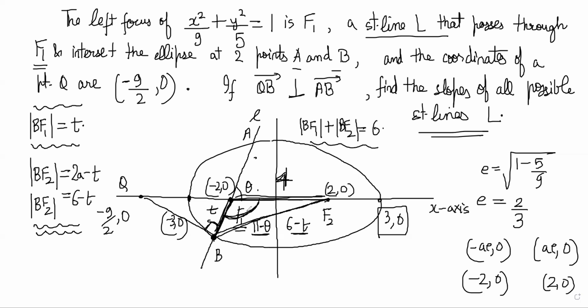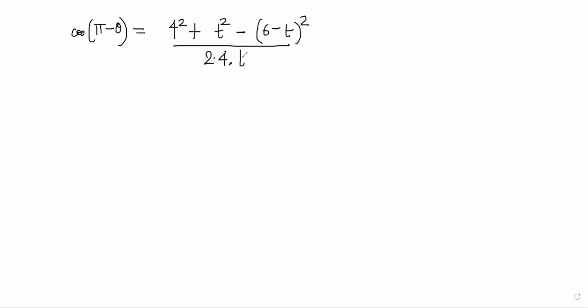So we can apply the cosine rule here on this angle, which was pi minus theta. I'll do it on the next screen. I will say cos of pi minus theta should be equal to 4 square plus t square minus (6 minus t) whole square, by 2 into 4 into t.